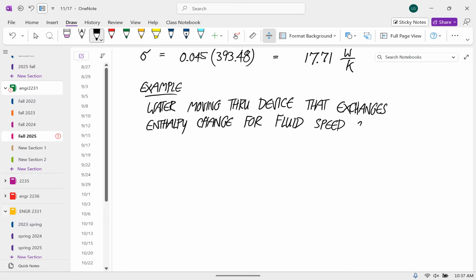How would that work? That's basically what a nozzle and a diffuser both do. You can think of the enthalpy as largely exchanging pressure for speed. On one side there's a high pressure and a low speed, and on the other side there's a low pressure and a high speed. But the thing we're going to do here is we don't know which way it's going.